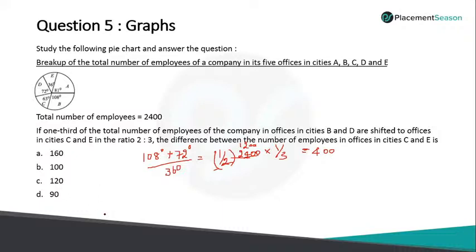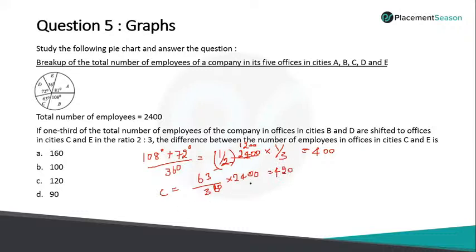Now, how many employees did C and E have before shifting? C had 63 degree, which is nothing but 63 by 360 into 2,400. Let me write C here. If you solve this, you will get 420 employees.